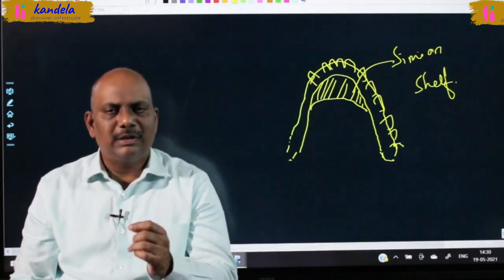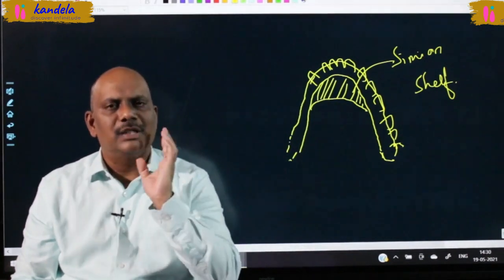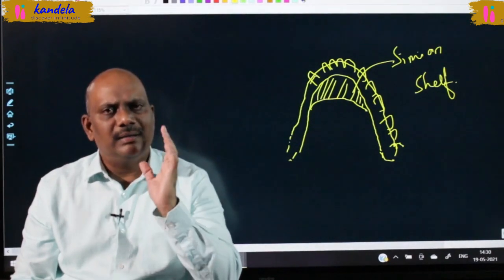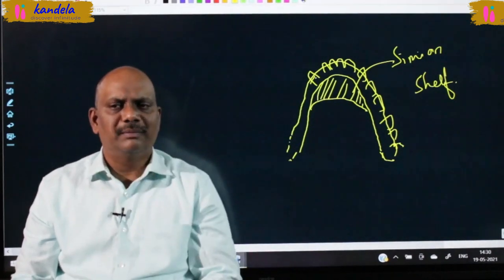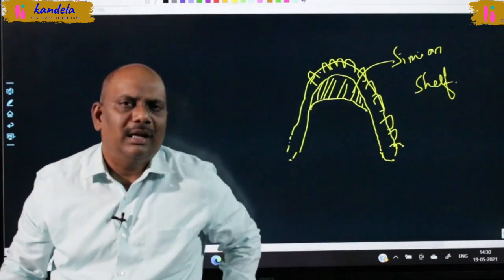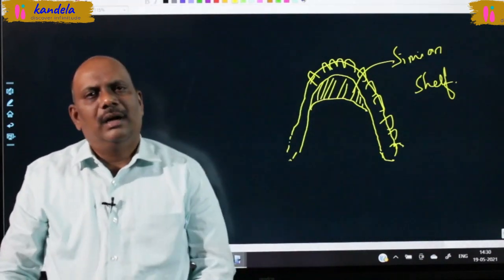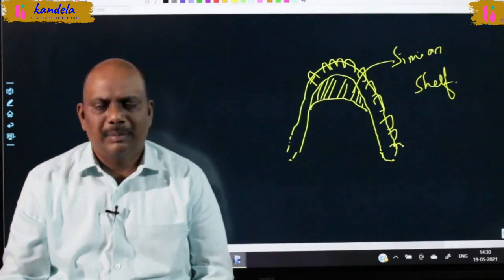But this feature is absent in Australopithecus, and the dental arcade is parabola shaped. This is a human-like progressive character. It's a human-like character found in the lower jaw of Australopithecus.